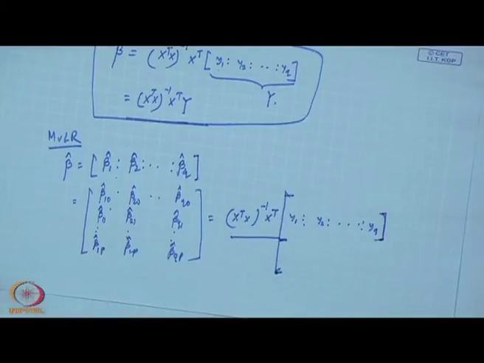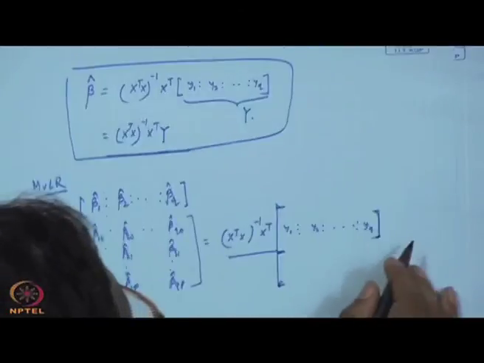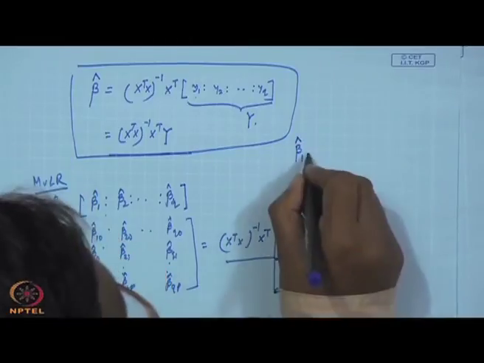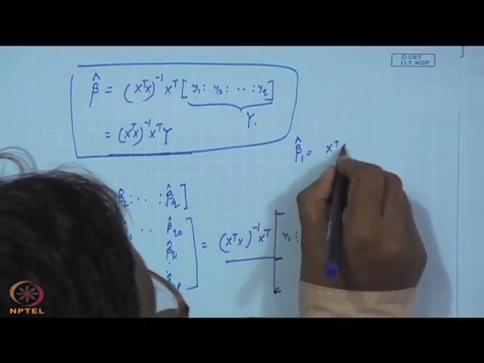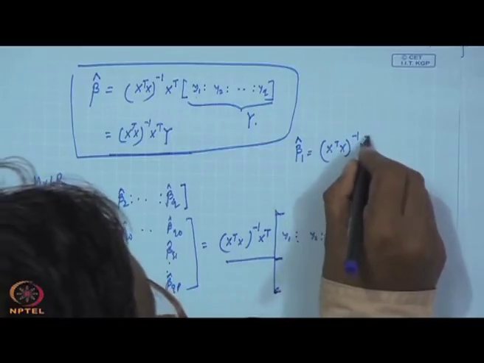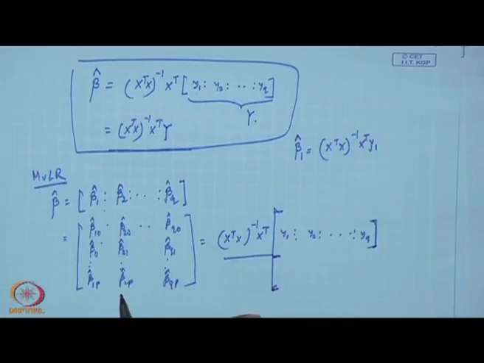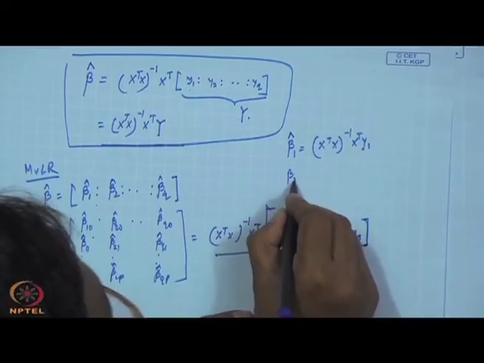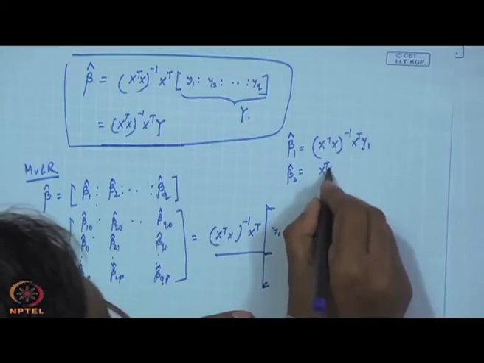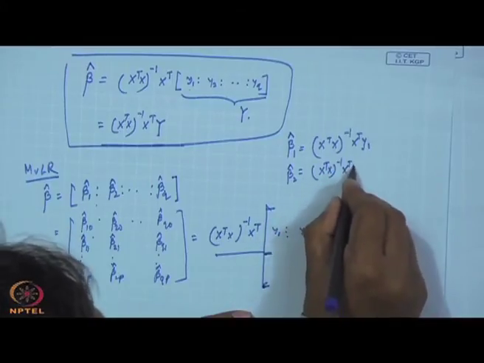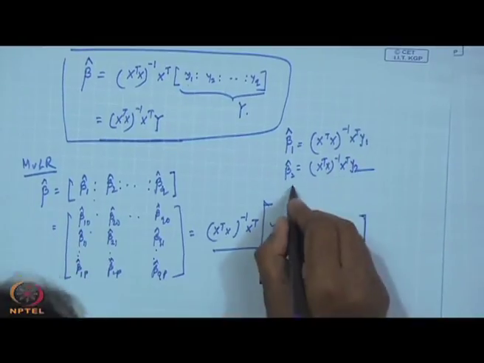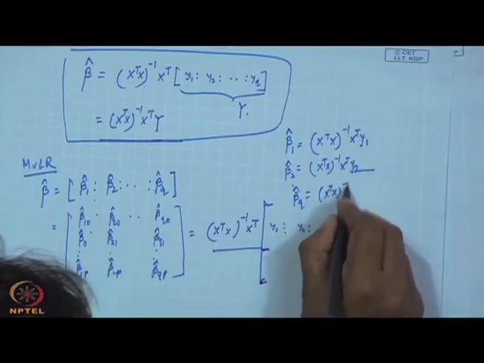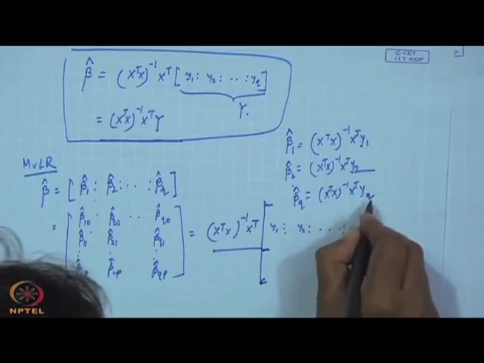So, in a nutshell, what I mean to say is that this one is x transpose x inverse x transpose y1. Similarly, beta 2 cap is x transpose x inverse x transpose y2. Like this, beta q cap is x transpose x inverse x transpose yq.